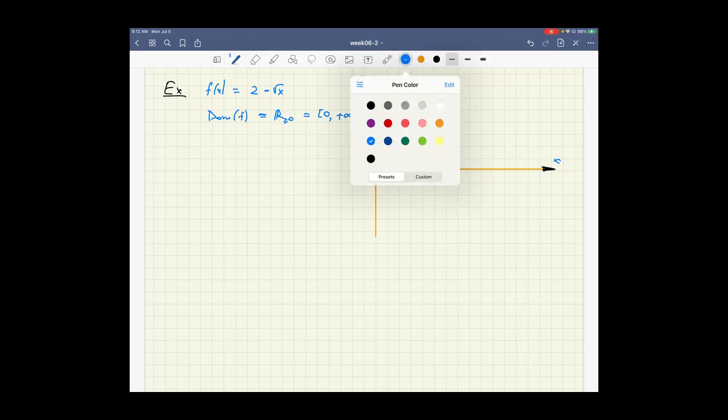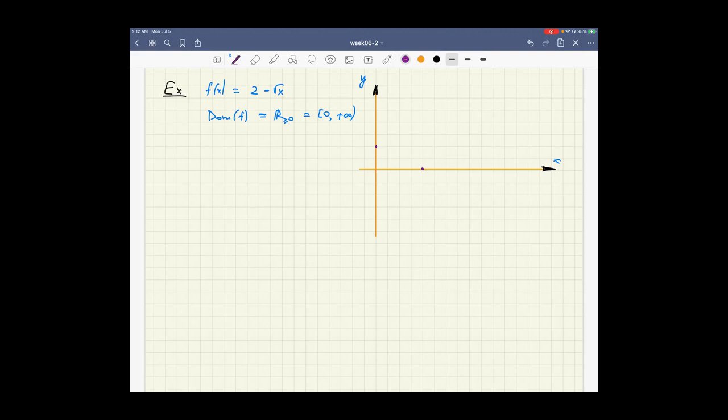So my function looks like this. Our function does pass a horizontal line test.